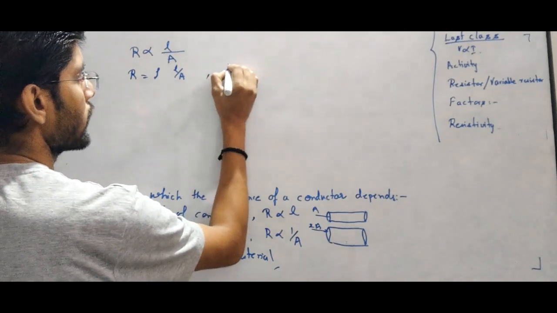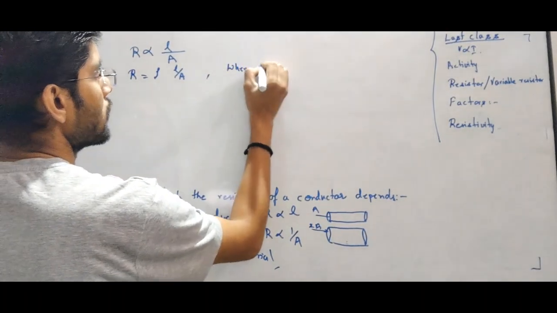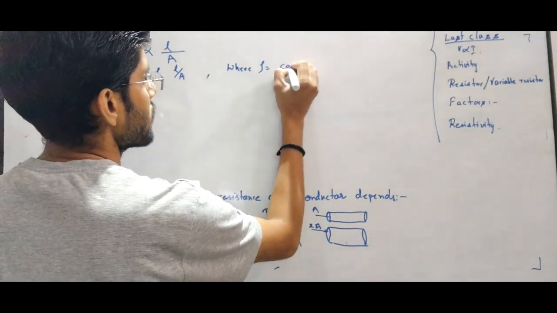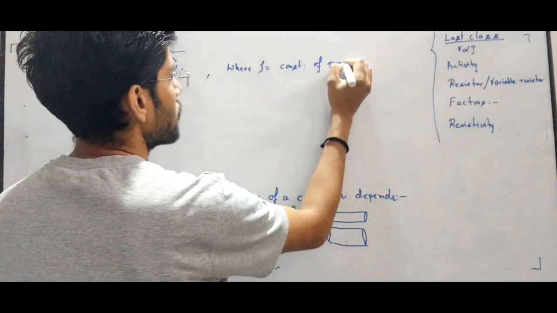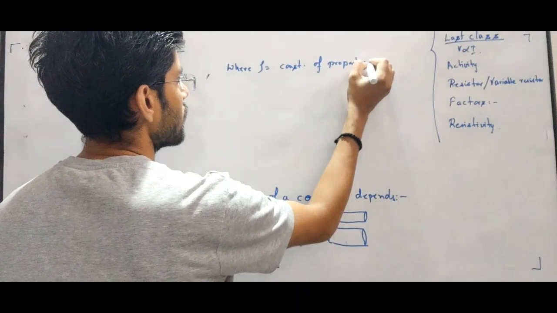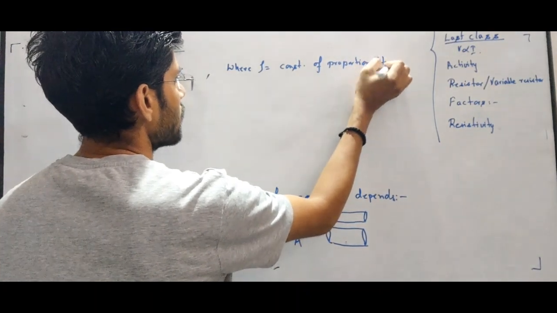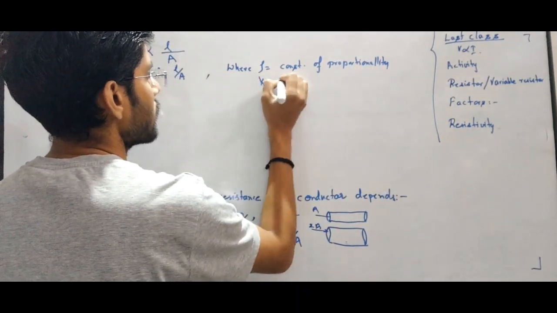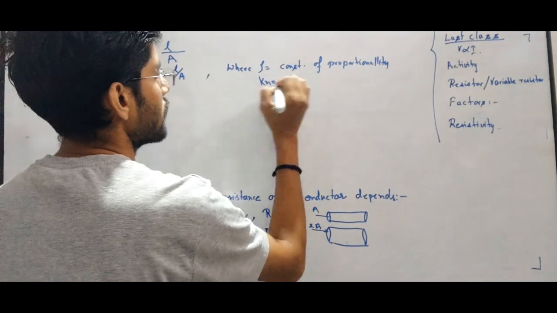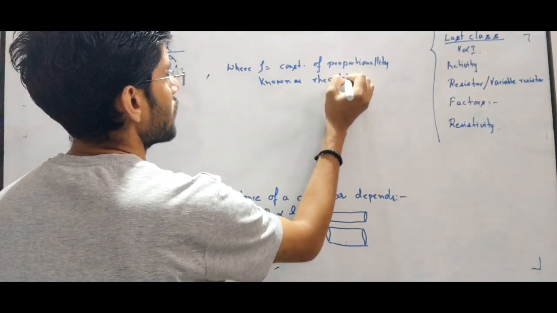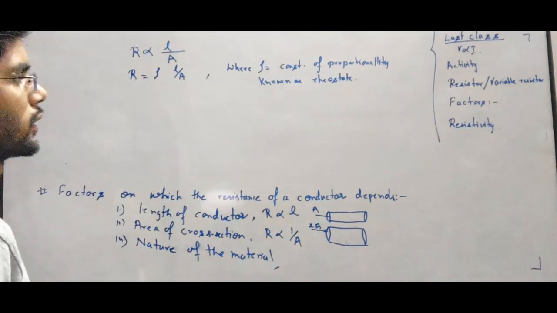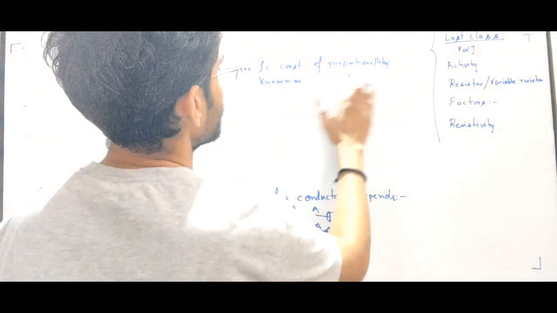Where rho is a constant of proportionality known as resistivity.